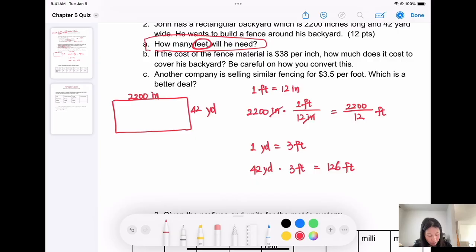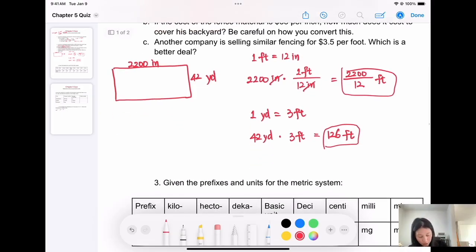Okay, now they both have the same unit. Next is to see how many feet they will need to build a fence. So that means we're trying to find the perimeter. The length is this, and then the width is 126 feet.